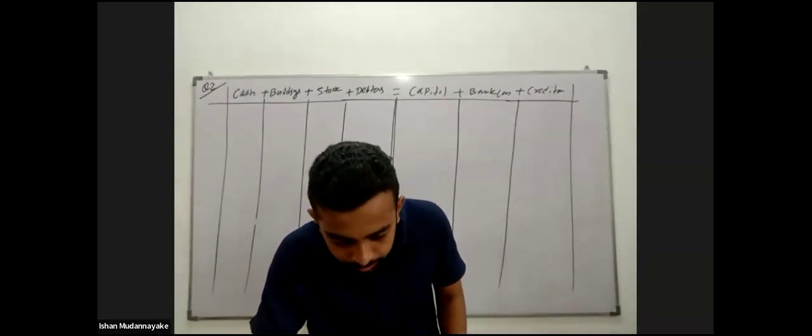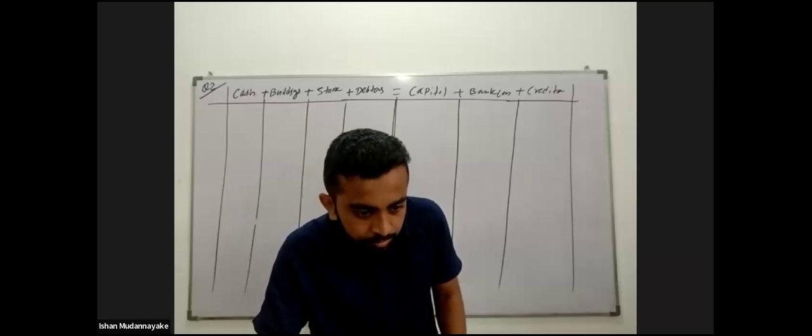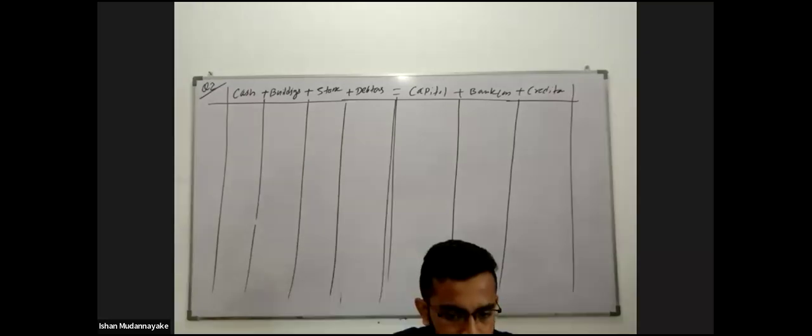Dakshar, transaction number 8, impact to capital, profit goes to capital. 7,500 profit goes to capital.